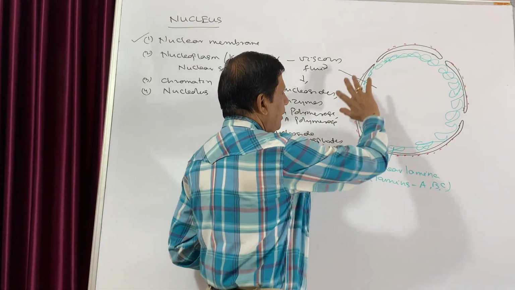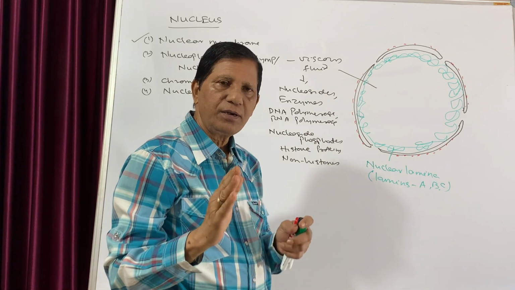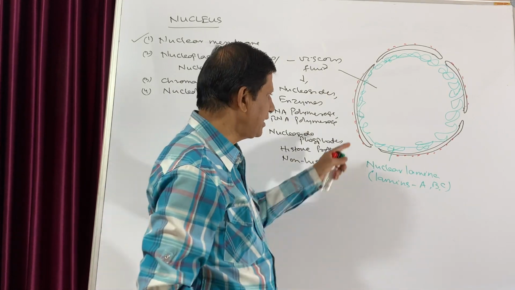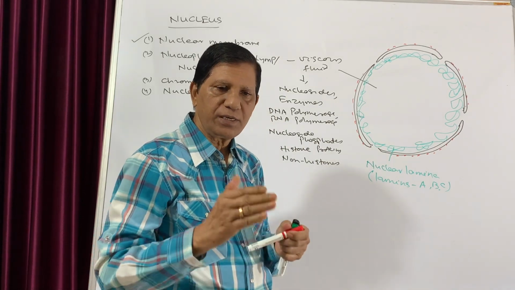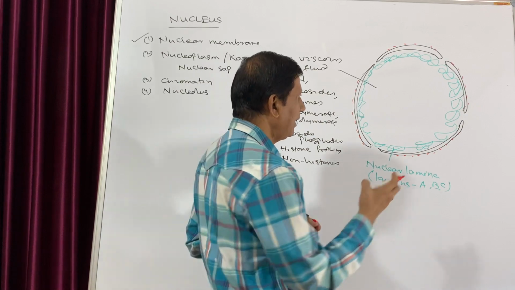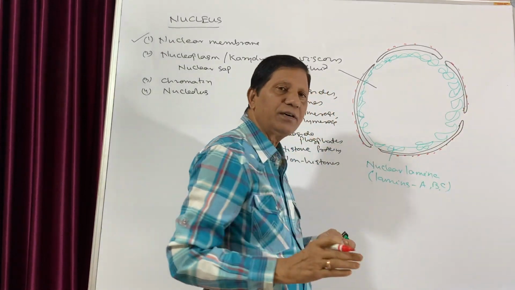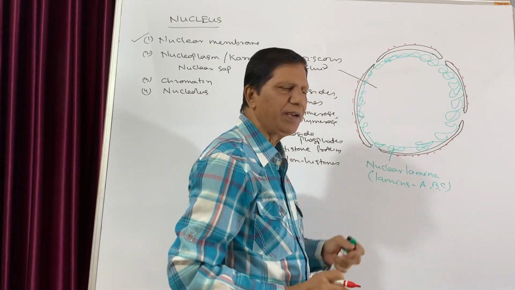Now, what is the function of this nuclear lamina? You should be able to distinguish this nuclear lamina from the different proteins which control the exchange of materials in the nuclear pore, which are known as nucleoplasmin. This is the nuclear lamina.